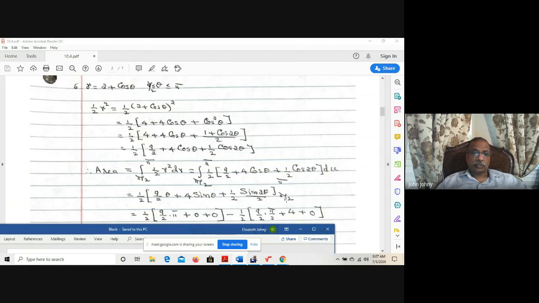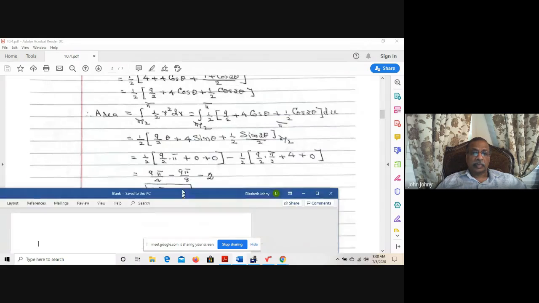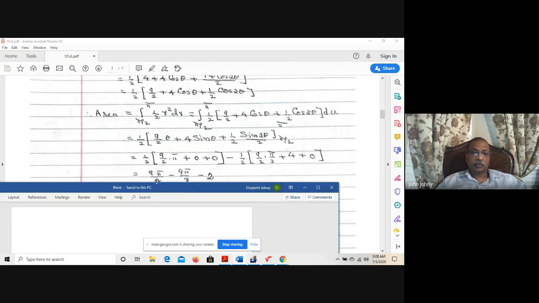Now substitute the lower limit: 9 over 2 times pi over 2 plus 4 times sine pi over 2, which is 1, so it is 4 times 1, plus 1/4 times sine of 2 times pi over 2, which is sine pi, that is 0. And so the answer is 9 pi over 4 minus 9 pi over 8 minus 2.